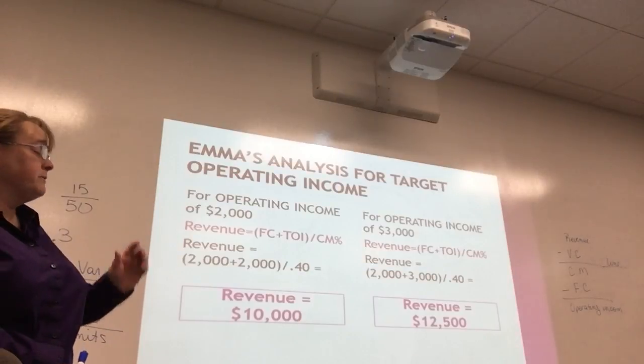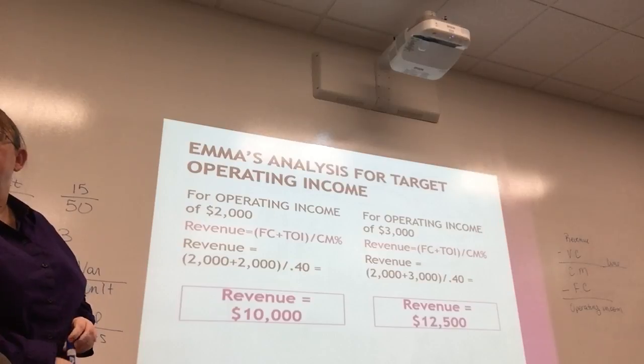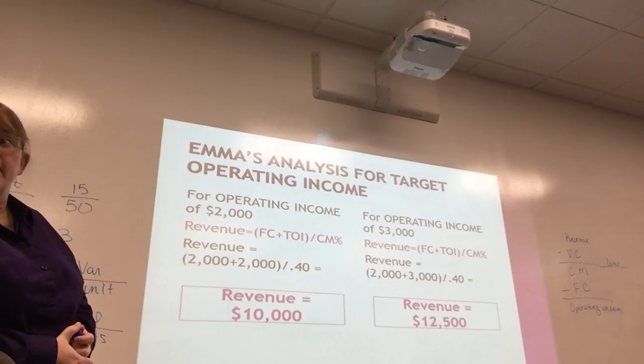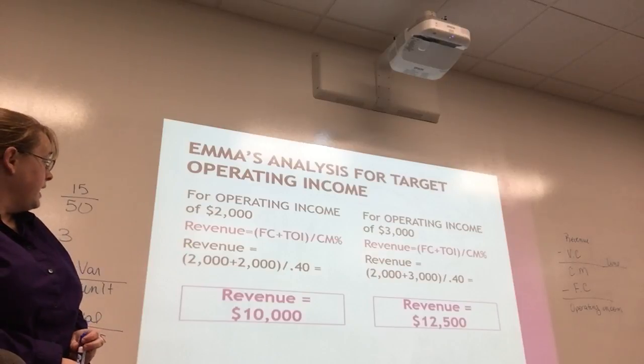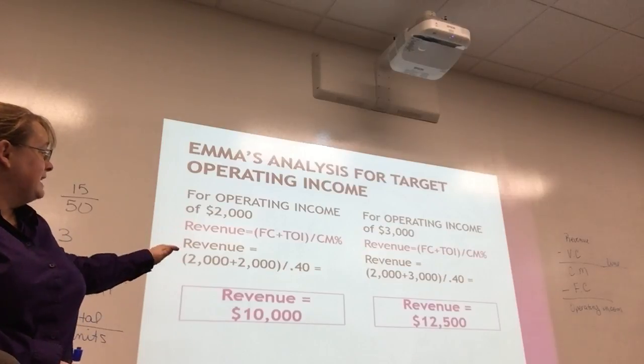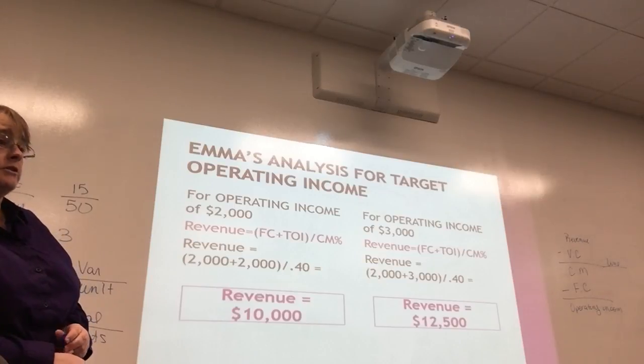Here it's 40% of what I sell, my revenues, that will go to cover the fixed costs. So I have 2,000 plus 2,000 is 4,000 divided by 0.4 gives me 10,000. If I bring in $10,000 in revenue, I will make a profit of $2,000.